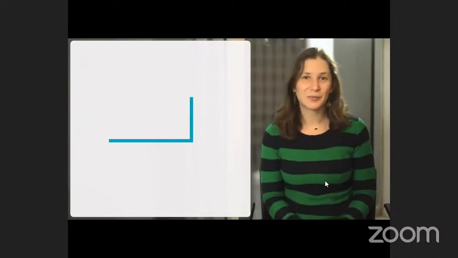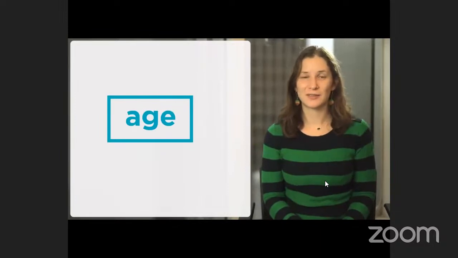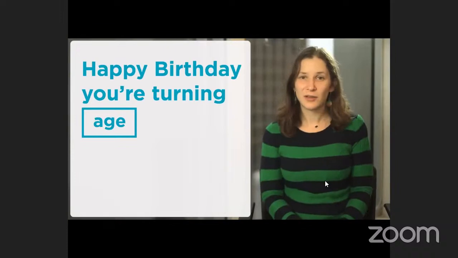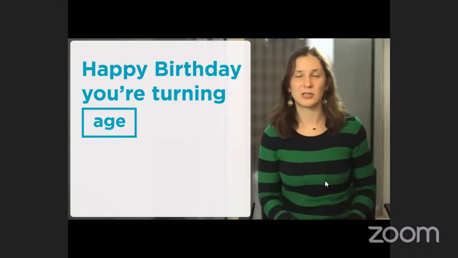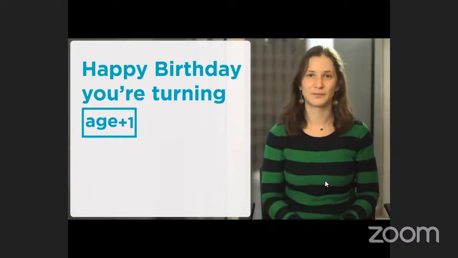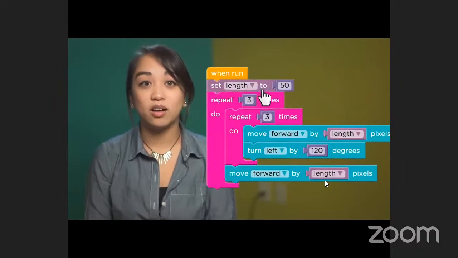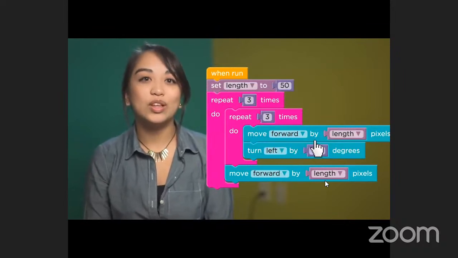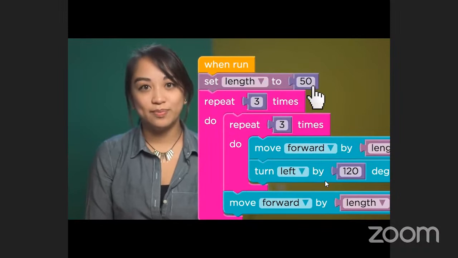I could create a variable called age to store my brother's age and write my algorithm to say, happy birthday, you're turning age instead. Because variables can change, each year I can update the variable age to equal age plus 1. In this puzzle, we're going to be using a variable that will set the length of the line our artist draws. Later on in our code, the move forward block will look at that length variable to see what value you've set it to.